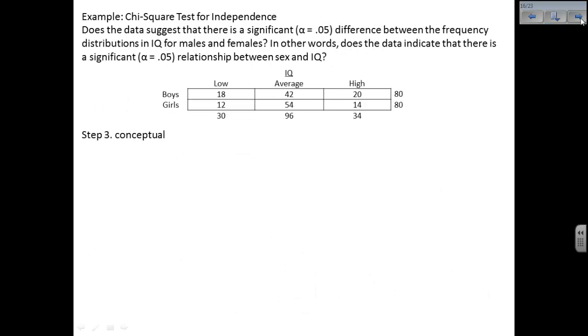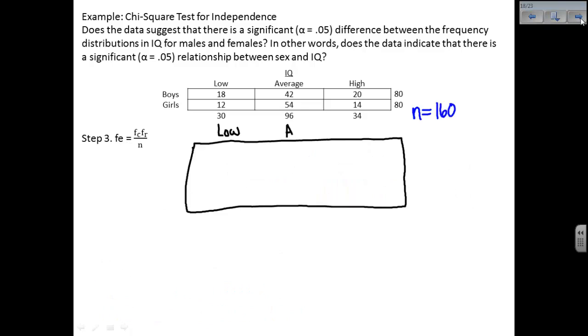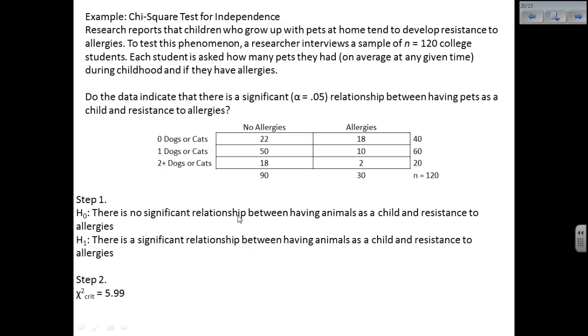You could state it a lot of different ways, but I'm just going to stick to the way that I think is most straightforward. Is there a relationship or is there not a relationship? So under the null, there's no relationship. Under the alternative, there is a significant relationship between having animals and being resistant to allergies.